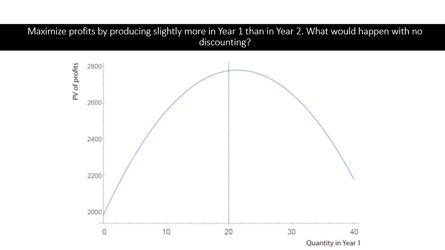You can see that the peak of this curve, the peak of the profits, is slightly to the right of 20, and that's what we saw in the previous graphs. So we're almost at the peak of profits if we cut our production in half between year 1 and year 2, but we can do slightly better by producing a little bit more in year 1 than year 2, and that's because of discounting. With no discounting, we would maximize our profits by producing 20 in year 1 and year 2.